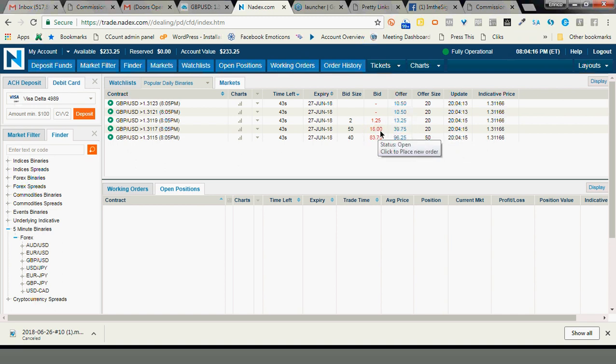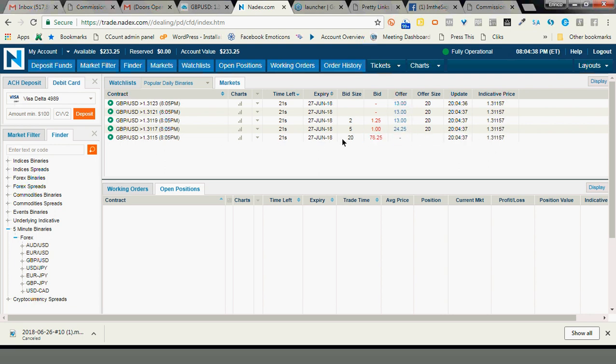It looks like there's still very much strong selling pressure. But we come down under 30 seconds, and the market moved exactly under 30 seconds, which it has a tendency to do. So you can't get into the trade.